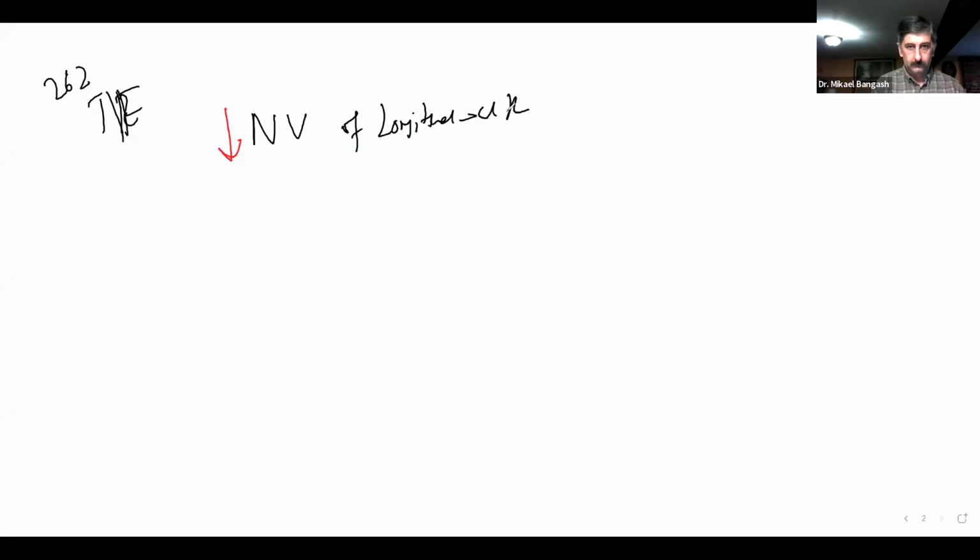Now true or false. 262. The lower the numerical value of longitudinal resolution, the worse the picture. Now, worse the picture is probably not the best wording.